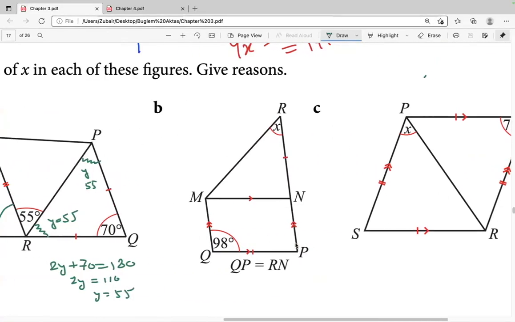B part. Okay, QP equals RN. Here's QP, and it equals RN.